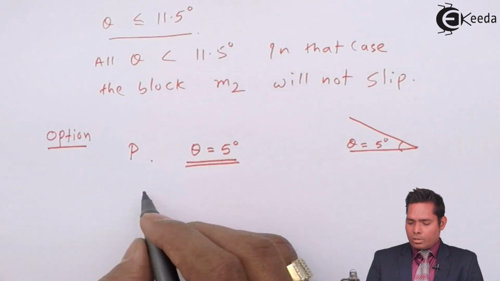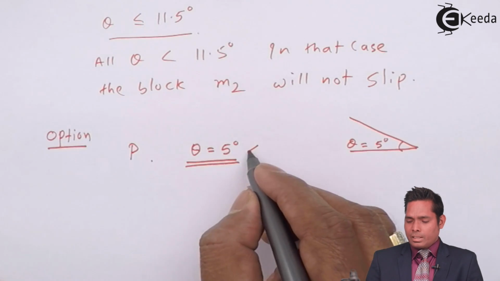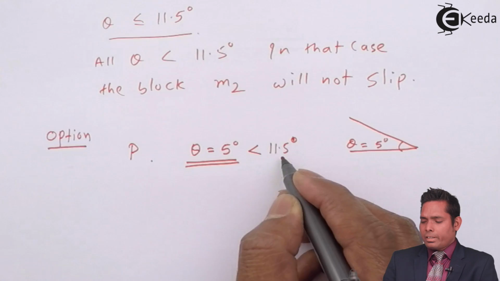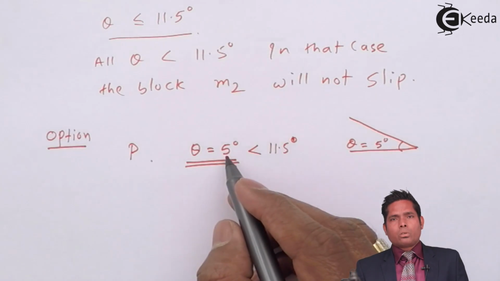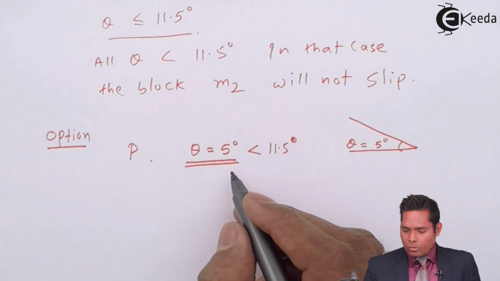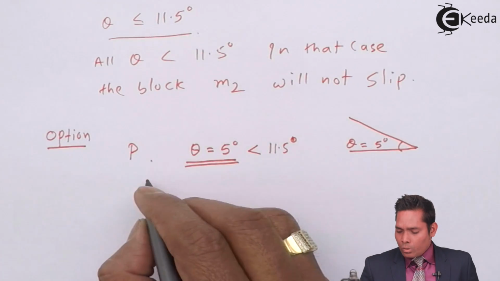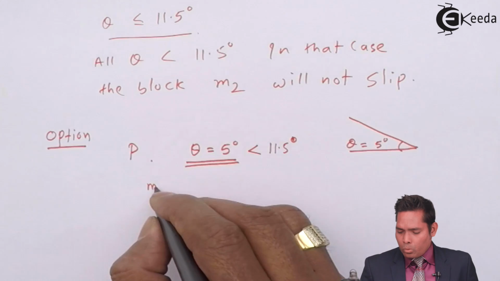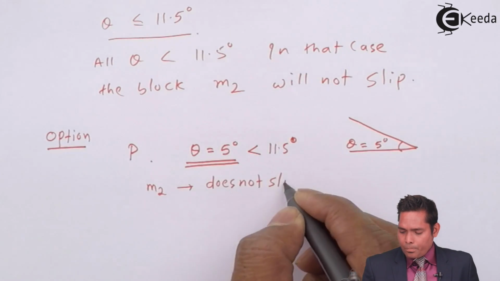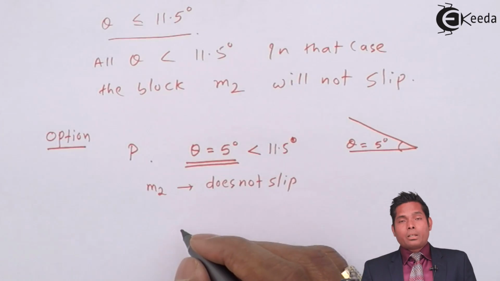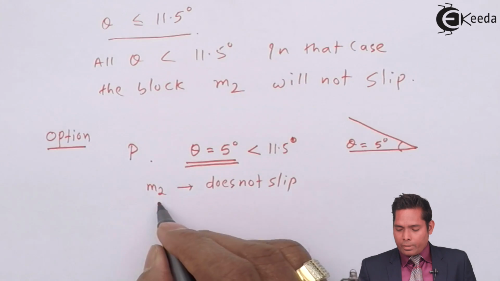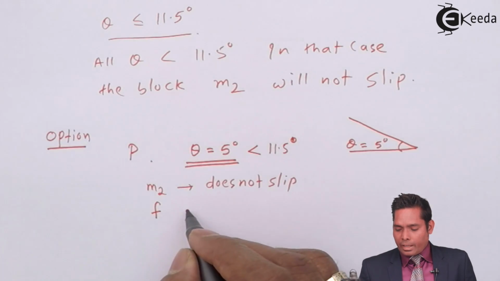Up to 11.5 degree it will not slip, so at 5 degree also it will not slip. The conclusion we are making is that M2 does not slip. Then what prevents it from slipping? Friction. Then you have to find the friction acting in this case.